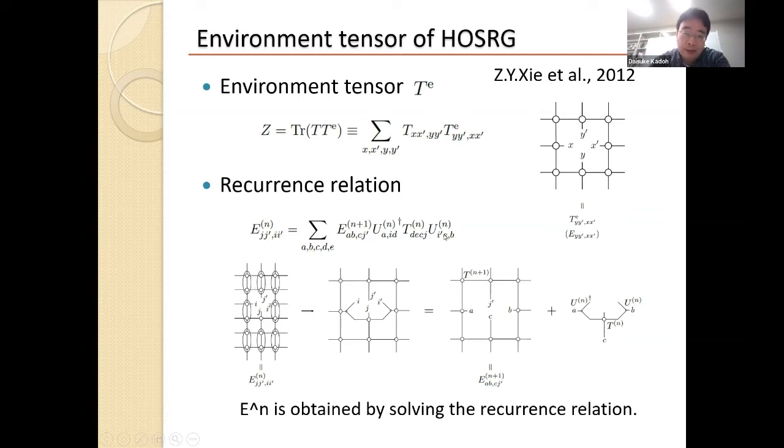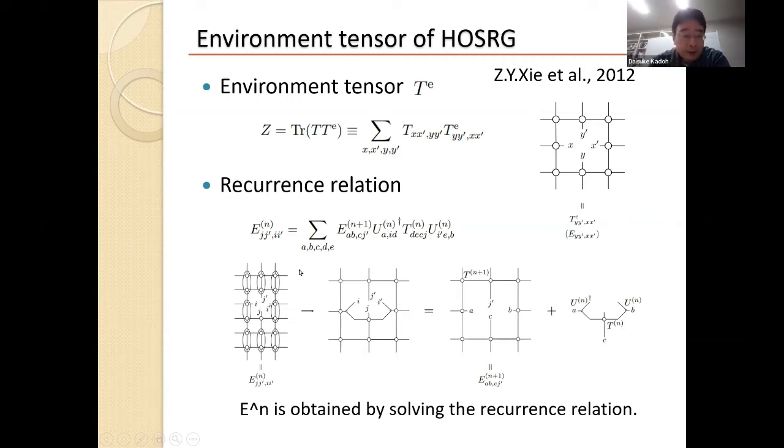And by using projectors Un, these two Tn's are renormalized into Tn plus 1. So these tensors are Tn plus 1, but this part is not renormalized. So this part is made of Tn and Un. And so the renormalized environmental tensor is a product of En plus 1, Un and Tn.